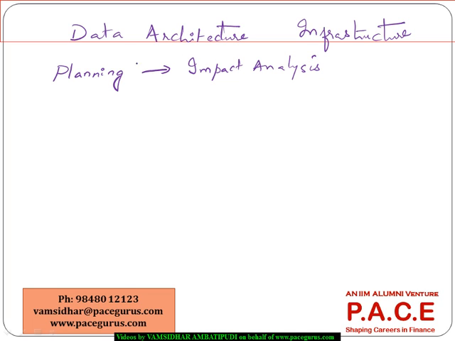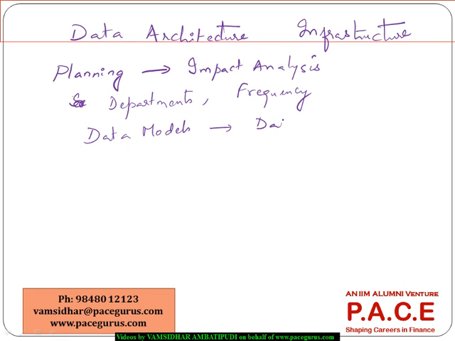And what are the different kinds of data, right from different departments of the bank? What kind of data needs to be collected from what kind of department, and what is the frequency of the data collection process? What are the data models, technology wise, that need to be used? What are the kinds of databases, the speed, performance, accuracy that need to be used?